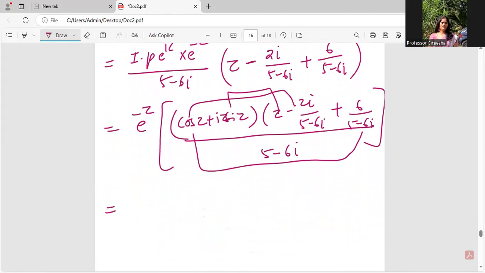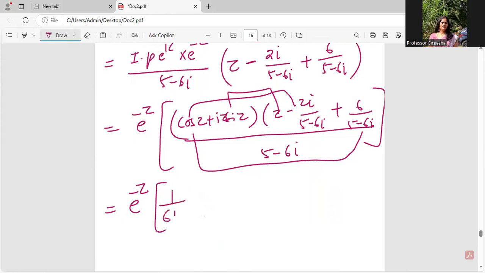Hence, the final answer would be something like this. e power minus z is as it is, 1 by 6 z plus 1. That was the first part. Just a second. The final answer would be: 25 plus 36 would be 61, right?